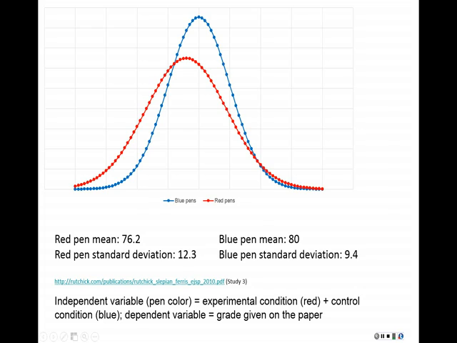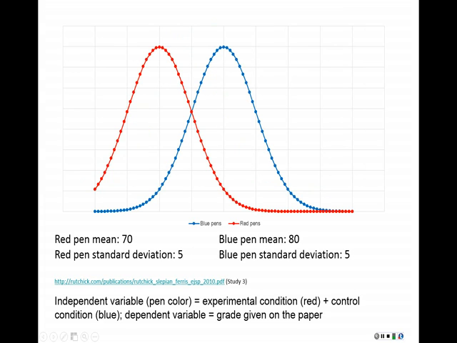Now, here are the results that these researchers did not get, but would have thought would have been extra awesome. So imagine that the red pen mean was 70 with a standard deviation of 5. The blue pen mean was 80 with a standard deviation of 5. And so that's what these normal curves would then look like. And we can see, yeah, there's some overlap, that there are plenty of blue people and red people who scored the same on the test.